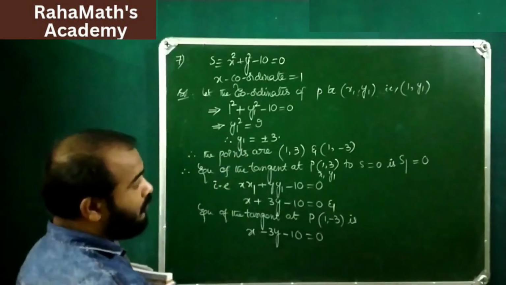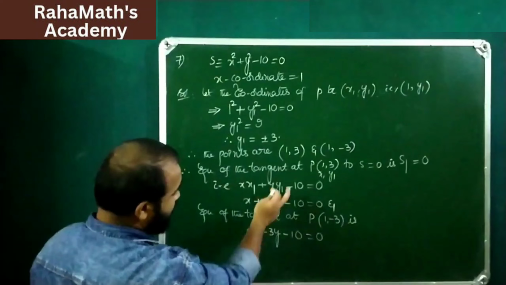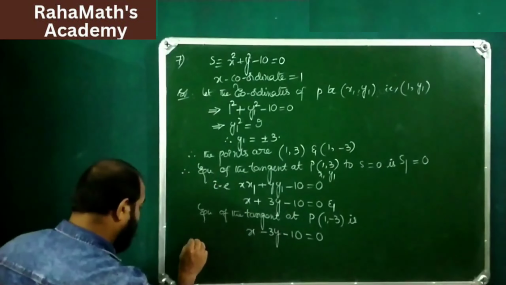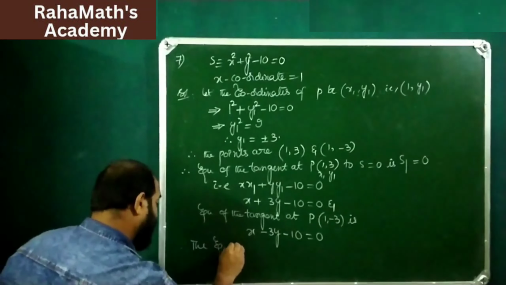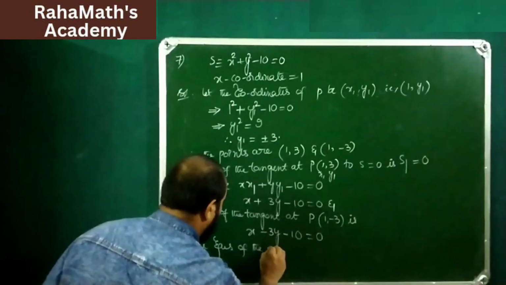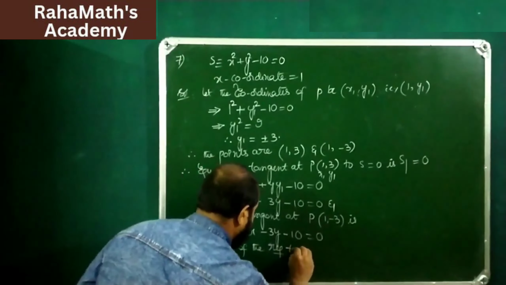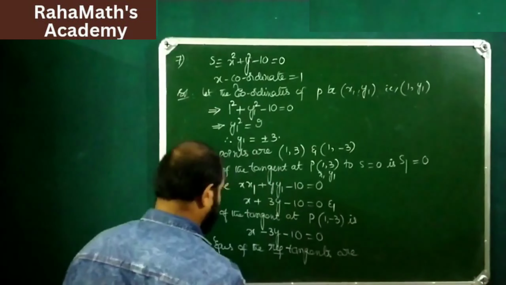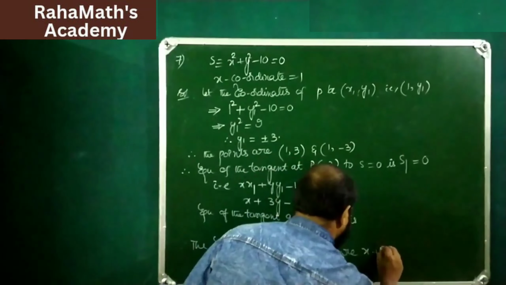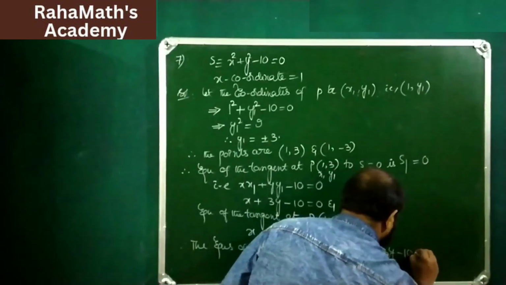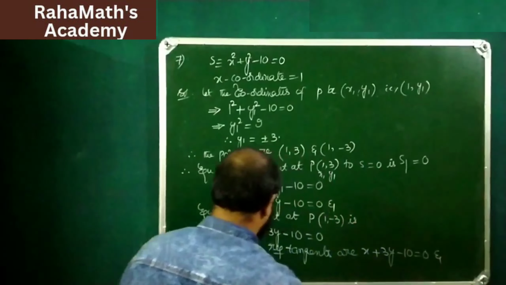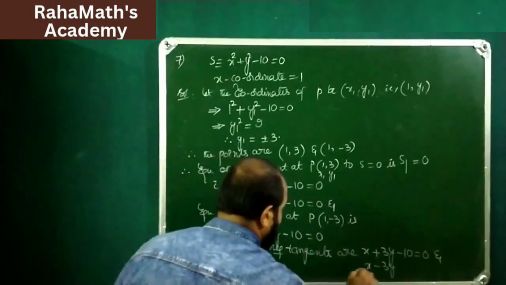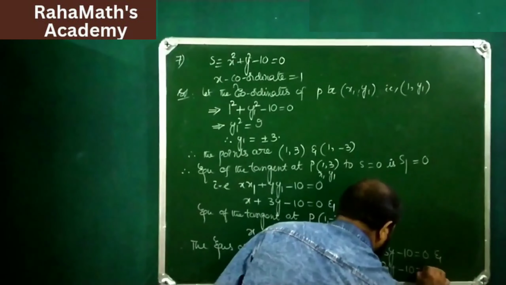Therefore, the possible tangents are 2. So, one is this and another is this. Therefore, the equations of the required tangents are x plus 3y minus 10 equals 0 and x minus 3y minus 10 equals 0.